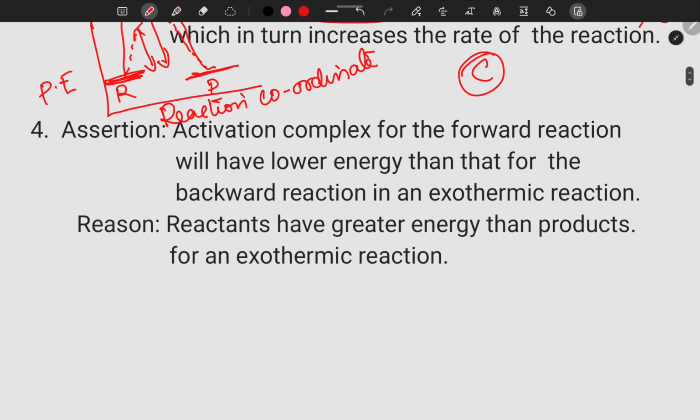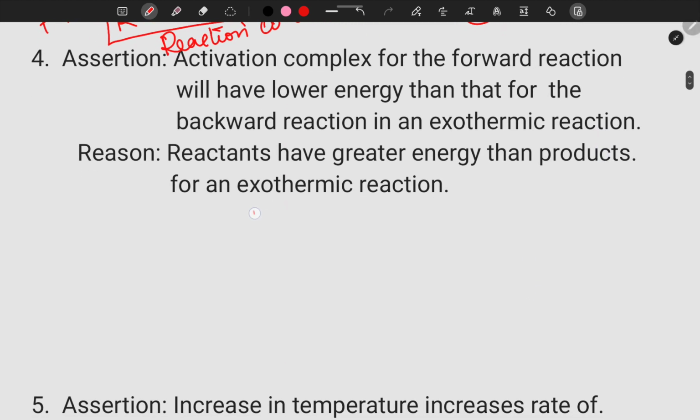Next question: the activation complex for the forward reaction will have lower energy than that of the backward reaction. That is a correct statement.